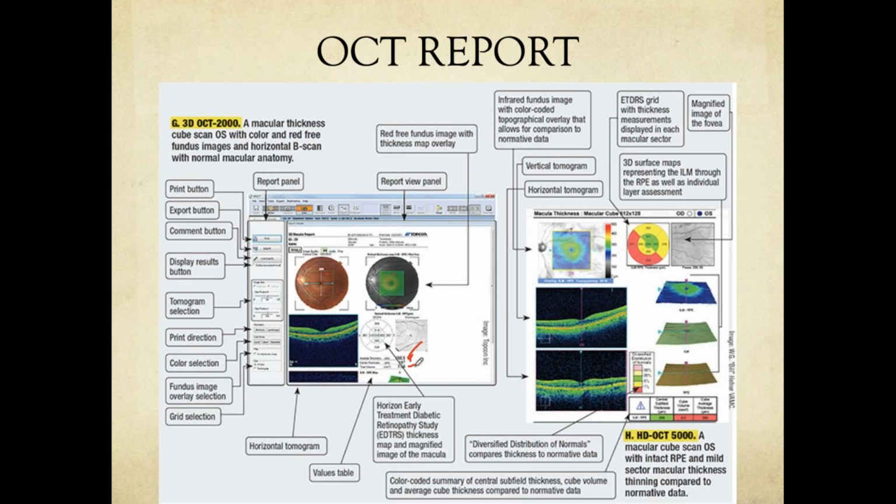So from here, what you can determine is, sometimes the eye can have a volume of 6.5 millimeter cube, and the vision could be 6 by 6. So in that case, what you do is you do an OCT, and you also compare the average thickness.